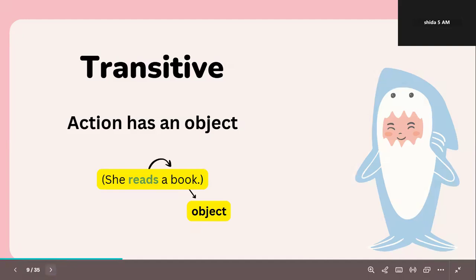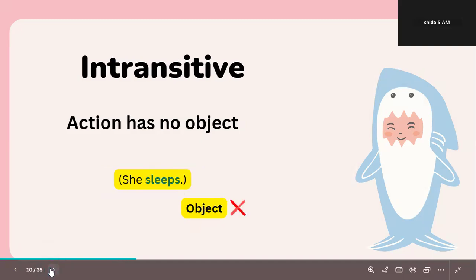Transitive action has an object. For example, she reads a book. There is an object. So it's a transitive verb. The next one is intransitive. Quite opposite to the transitive verb. Like action has no object. She sleeps. There is no object.